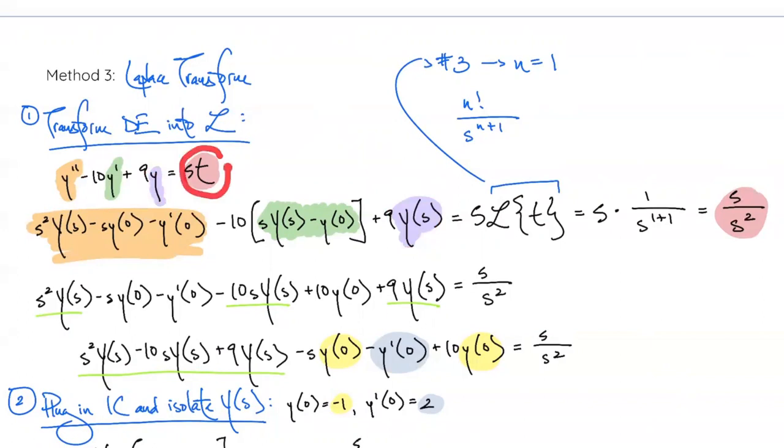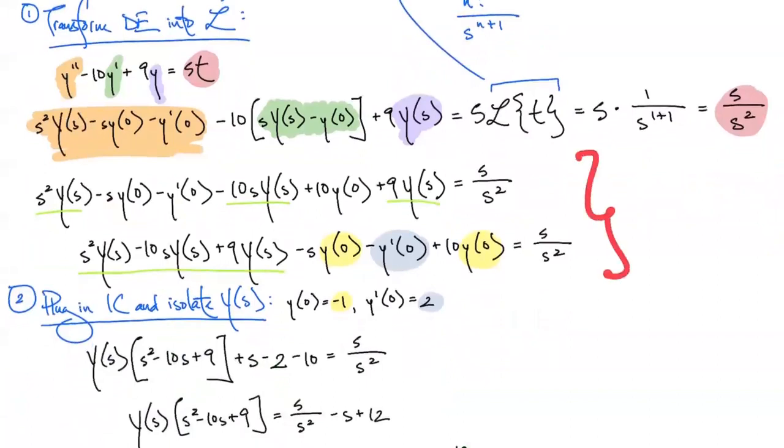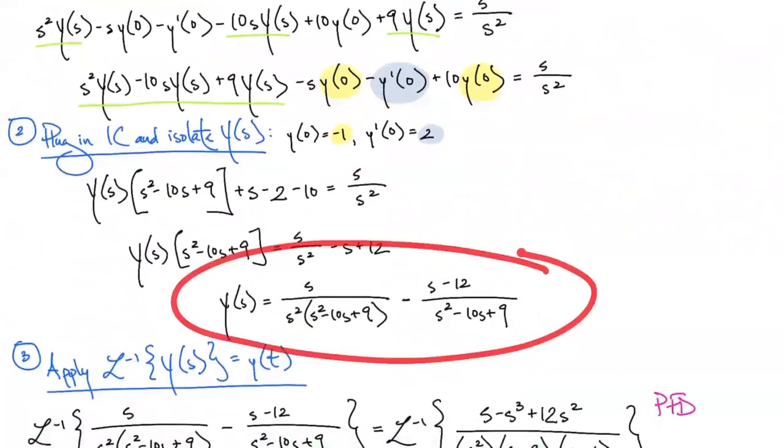The last thing we did is we took the right-hand side, the non-homogeneous side, and we used the table to apply, I think, row number 3 here to transform this into a Laplace situation with s's, right? So we end up with a function with s's, not with t's. We do a little bit of grouping of like terms. We input our initial values, and this is where we get our solution, okay?